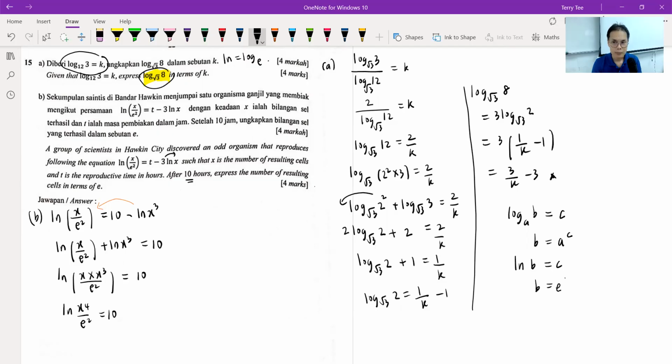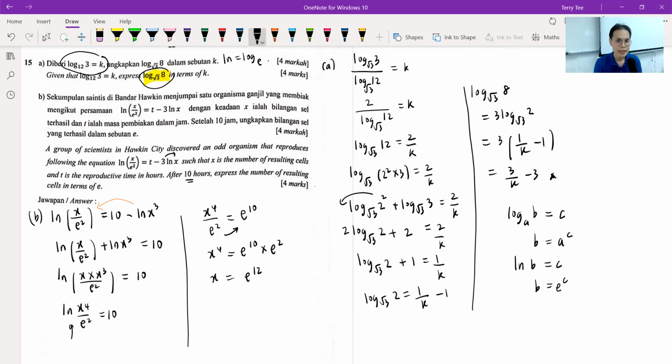So in this case, X power 4 over e power 2 equals e power 10. I'm finding X, so I multiply this over. X power 4 is e power 10 times e power 2, which is e power 12. When you multiply a number, we add the index, the power.